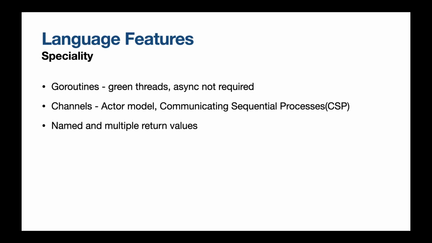And Go also provides named return values and multiple return values. Both are also possible in some of the modern languages like Kotlin and Rust, but Go also provides them, just to highlight it. And this will be quite useful.